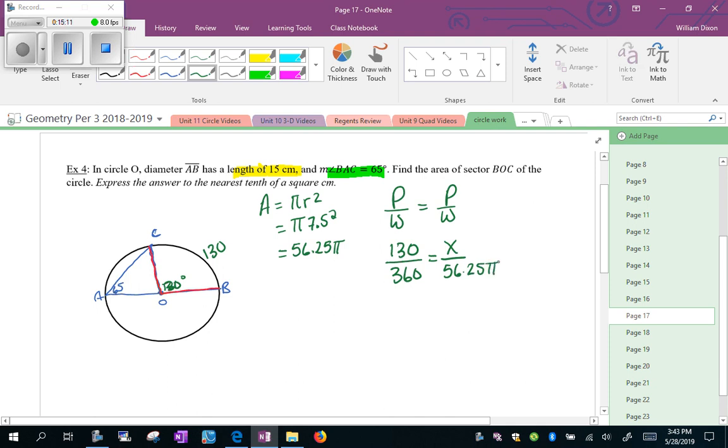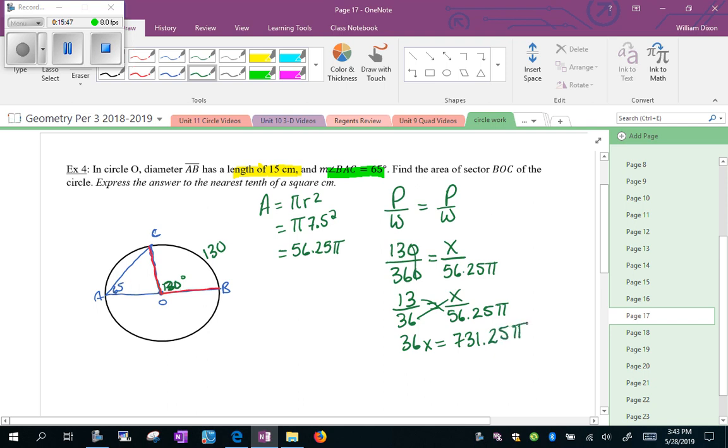Okay, I'm going to cross multiply, or better yet, even before that, let's reduce. So I'm going to have 13 over 36 equals x over 56.25 pi. Now I'm going to do some cross multiplying. I'm going to get 36x equals, when I multiply those two together, I get 731.25 pi.